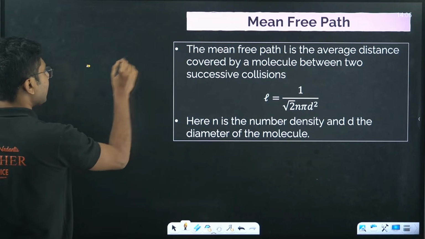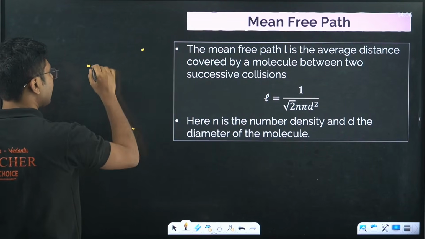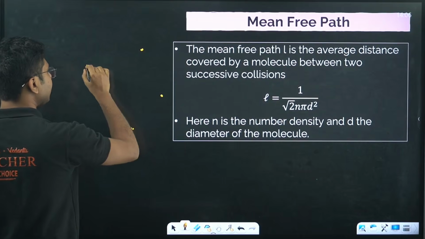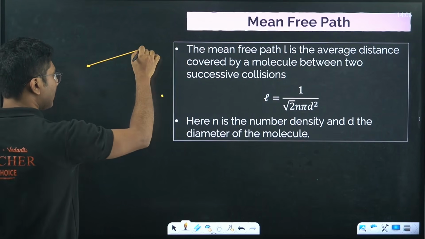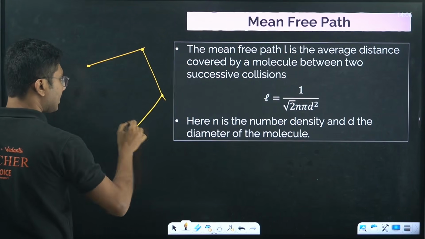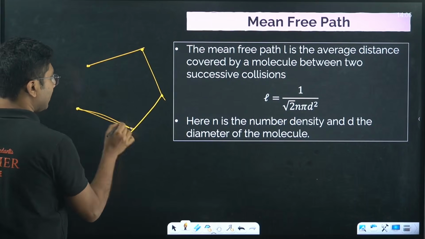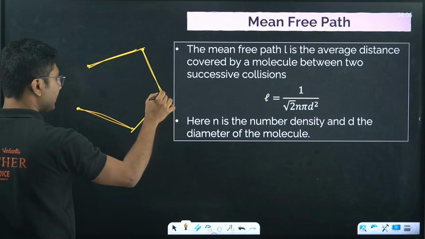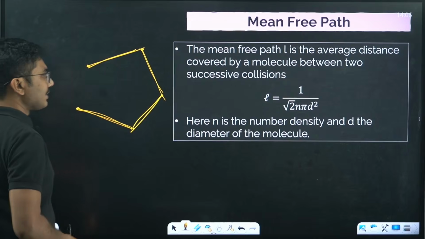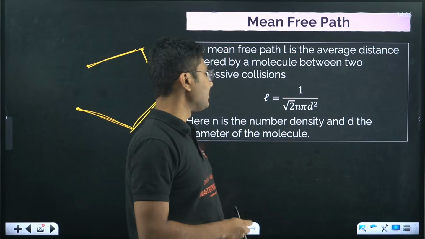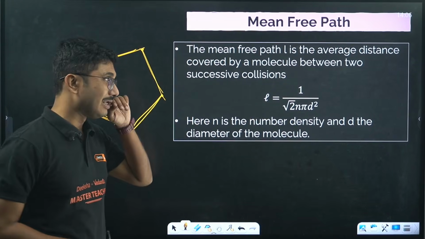Suppose there is a molecule here, and the gas particle hits it, then travels in a straight line, then another straight line. Add all these paths and take the average, and you get the mean free path, denoted by this small l.